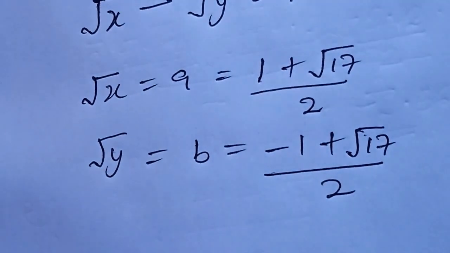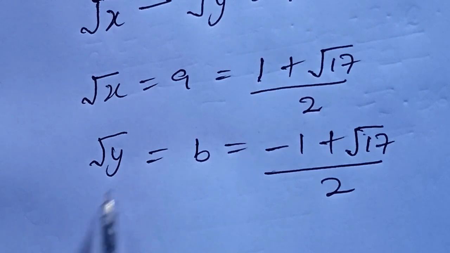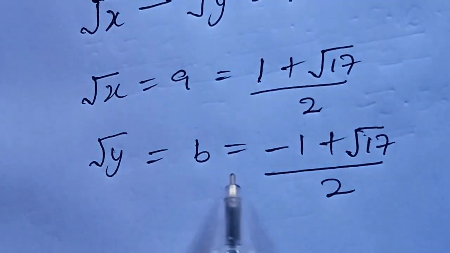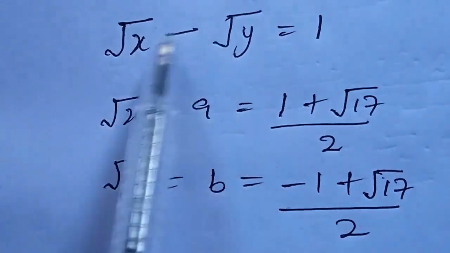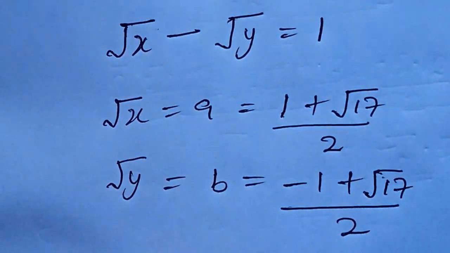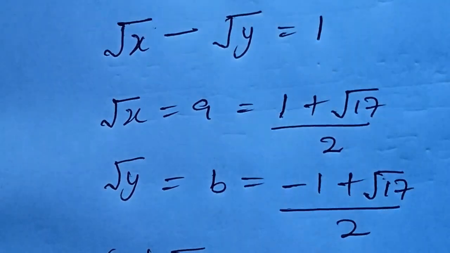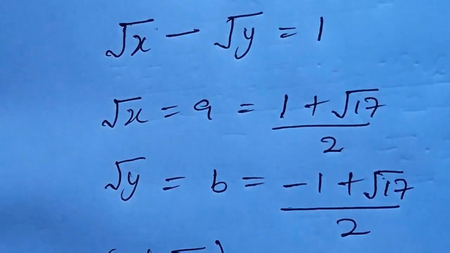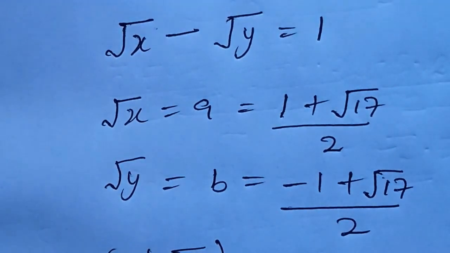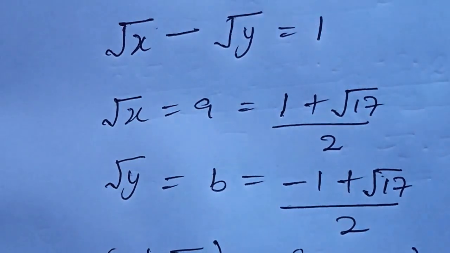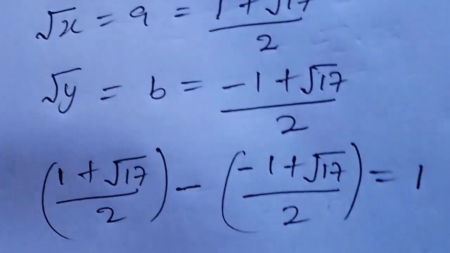This is our value of √x and √y. So we substitute that into our equation. We have (1 + √17)/2 minus, in brackets, (-1 + √17)/2, all equal to 1.